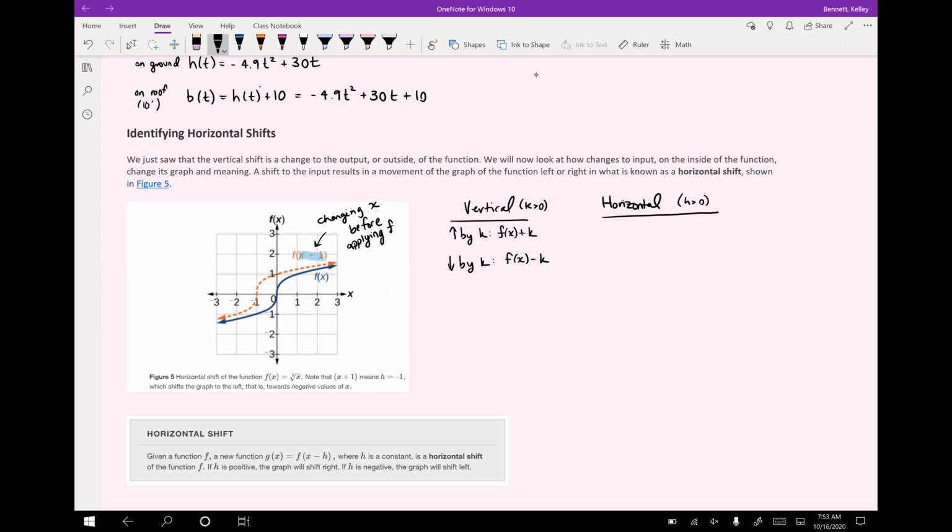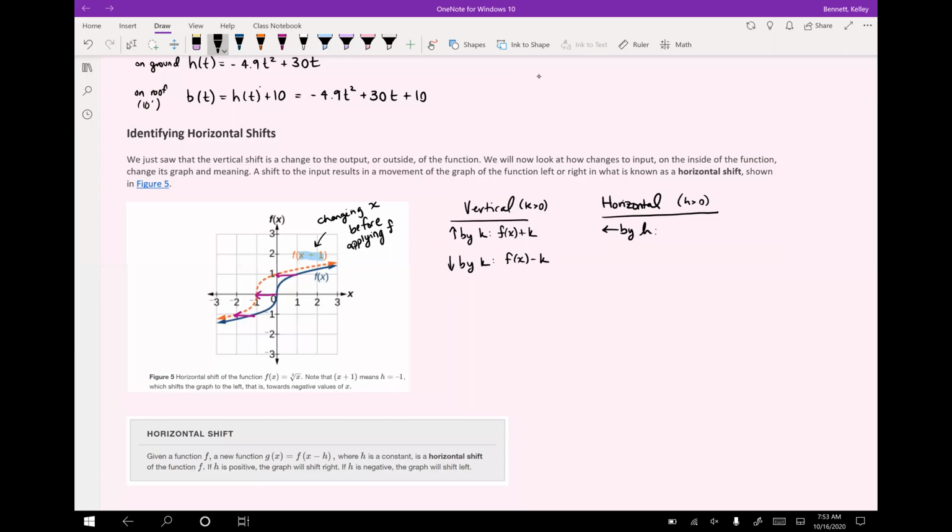So notice that this also represents a left shift. This went left by 1. And the takeaway here is that we're going to go left by h. And that's going to look like f of x plus h.